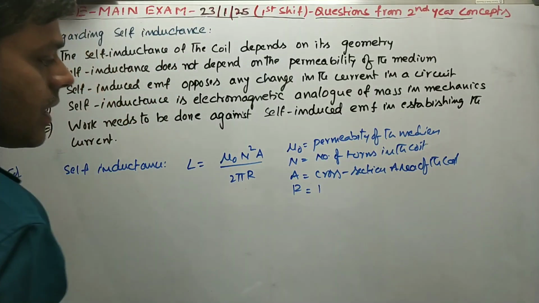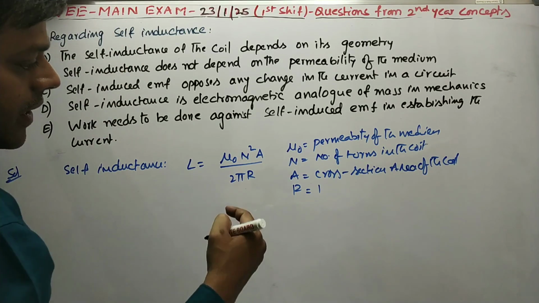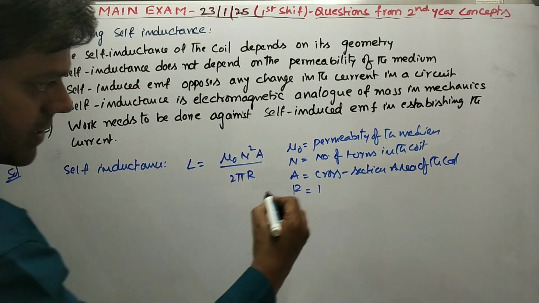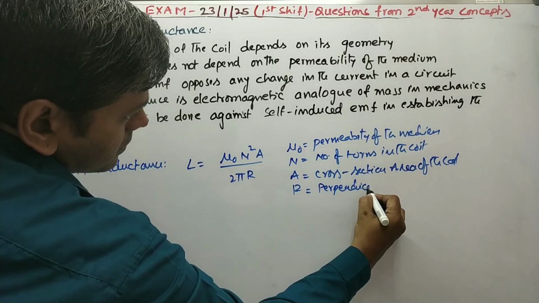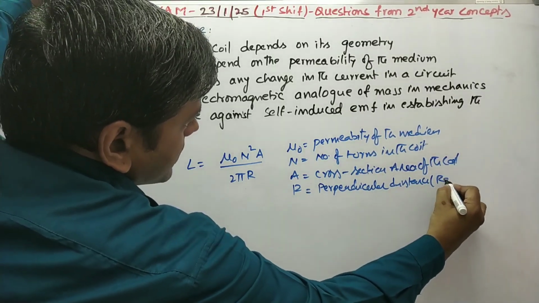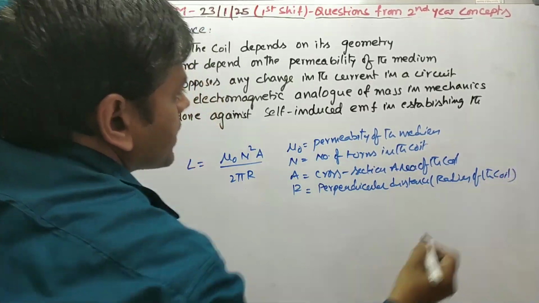Radius, that means the perpendicular distance where you want to calculate the magnetic field inductance. R is the perpendicular distance, that means the radius of the coil itself.